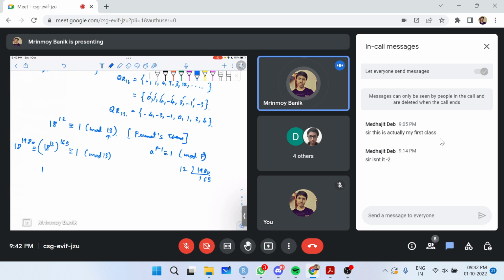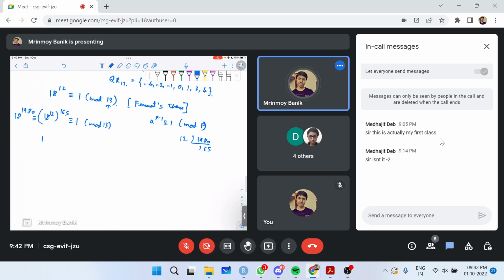Next we have 385. Similarly, 385 to the power 12 is congruent to 1 mod 13.